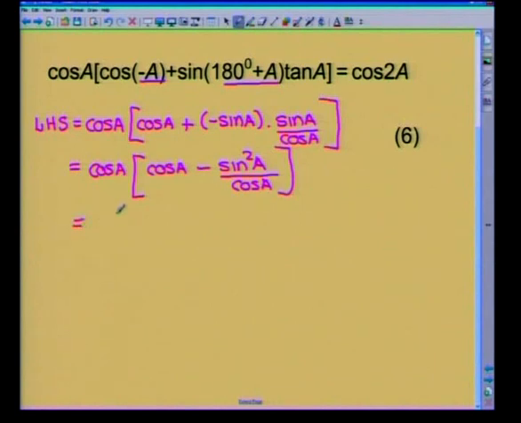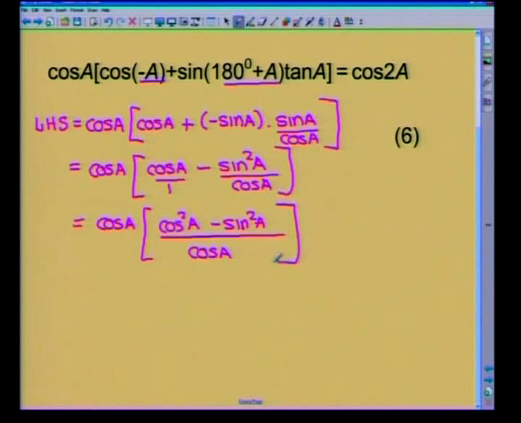Right, this then gives you cos A, and of course the rule is we normally work with our brackets first. So it makes sense here to put this over a common denominator, which will give me cos squared A minus sine squared A. Just to make sure you're right here, remember cos A goes into cos A once, and 1 times that will leave me as that.